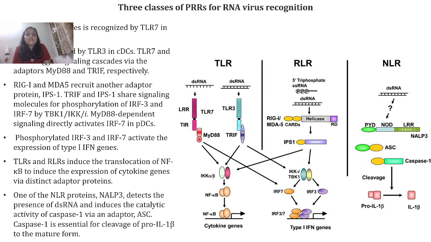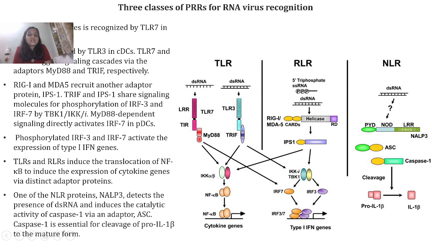There are toll-like receptors, there are RIG-I-like receptors, there are NOD-like receptors. Sir also has already taught about all these receptors previously, and I have also added some slides in the previous classes regarding all these receptors. And here you can see TLR pathway, here RLR pathway, NLR pathway.